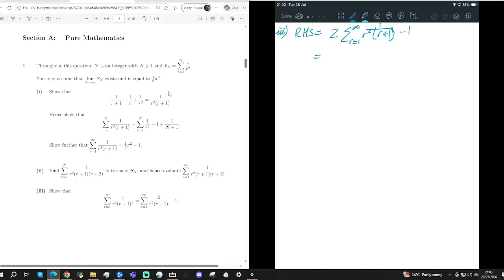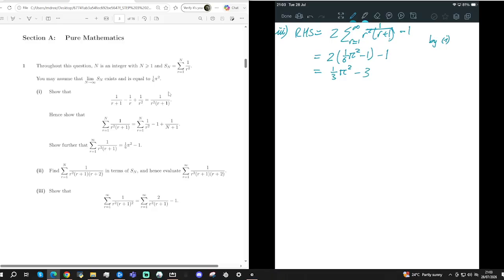I've taken the 2 out, and I'm using my solution to part 1 here. That sum is 2 lots of pi squared on 6 minus 1, minus another 1. So that's a third pi squared minus 2, minus another 1, minus 3.